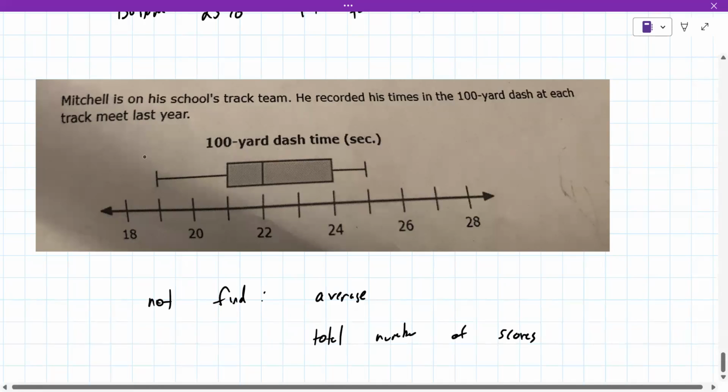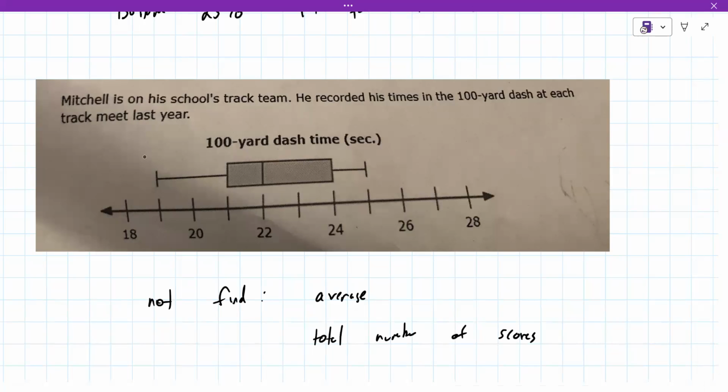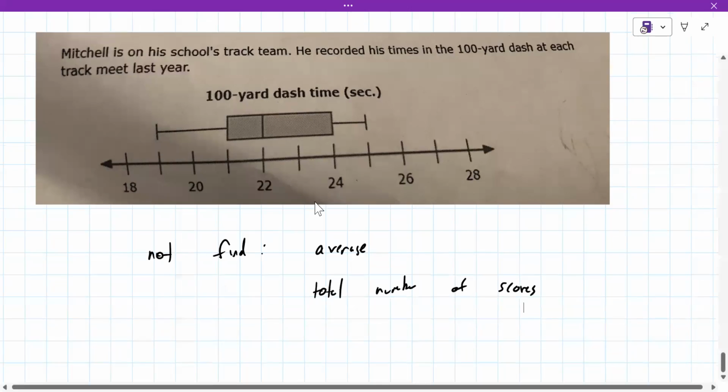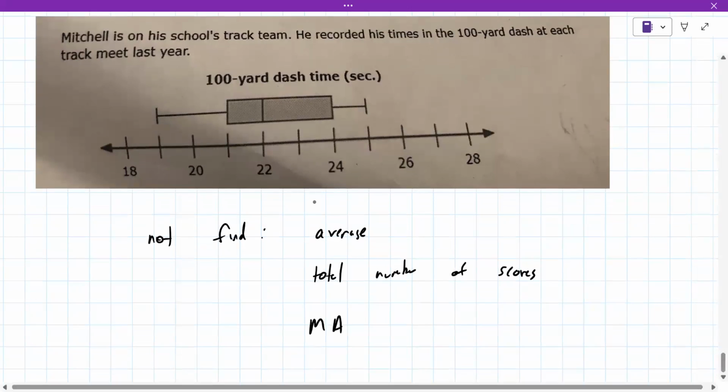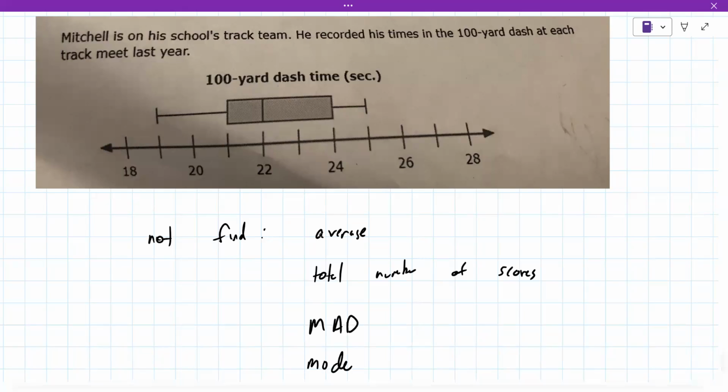You don't know whether there are 4 scores here or 400. You also cannot find the MAD, the mean absolute deviation. If you need the average, you can't find the mean absolute deviation. You also cannot find the mode, because you don't know which score is the most common. You just know the summary of the scores.